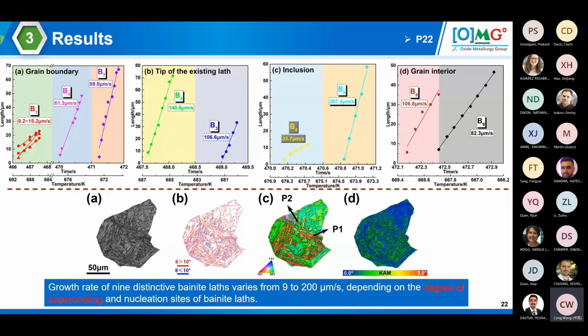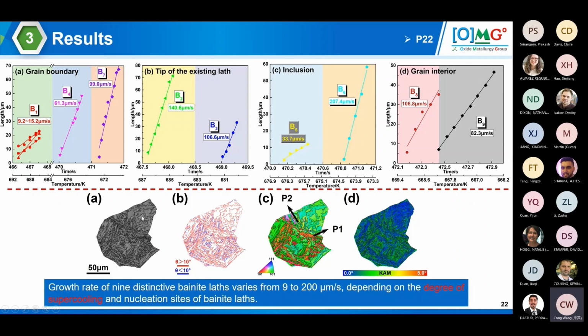Once done with the quantification, we are able to capture the ensemble of this bainite here, and they have velocities differing very much, from a few tens of micron to more than 200 micron per second.